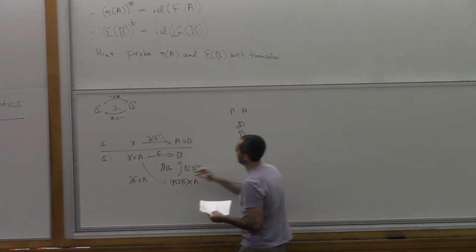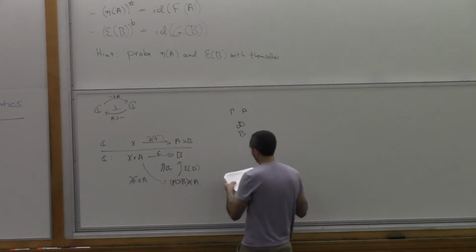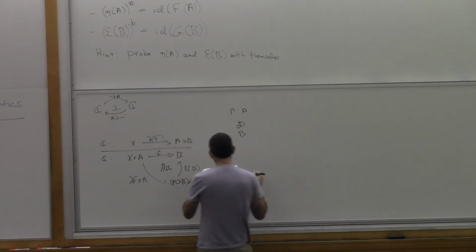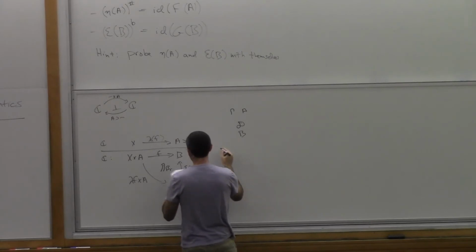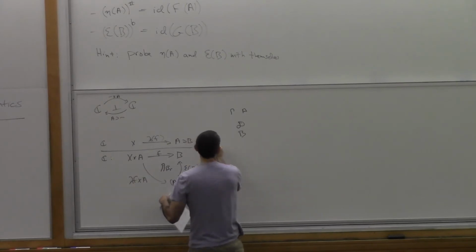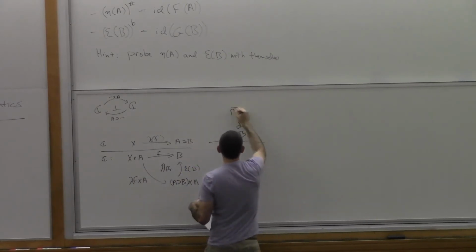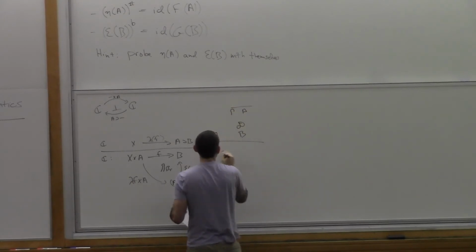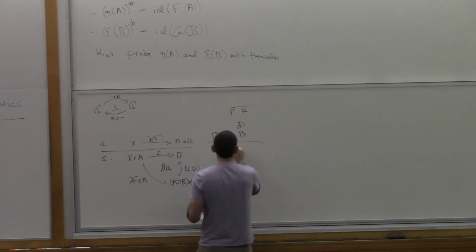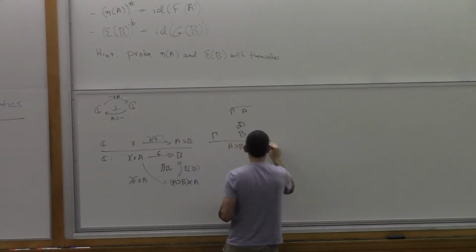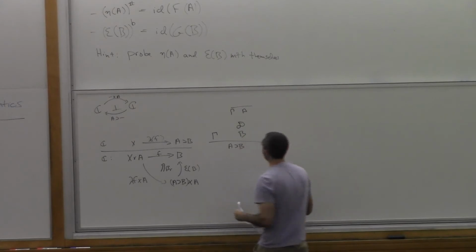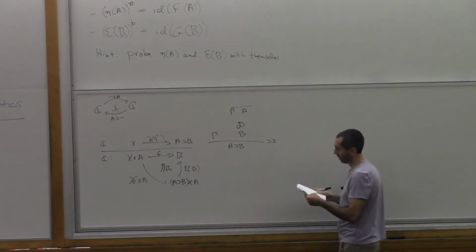Okay, so we take this, and we query it, right? That's what this says. So that means we can cancel these assumptions, and from just the assumption gamma, we can conclude A implies B. So this is arrow intro, sort of, in our slight variation.